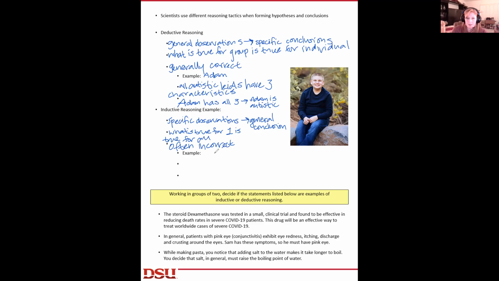In the case of Adam, it would be like saying Adam, her son, likes to be touched and hugged. With inductive reasoning, we'd say, well, Adam's autistic.